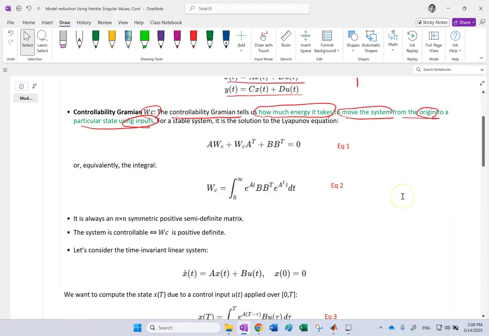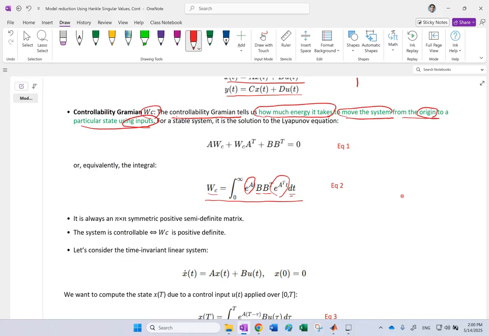Now, first of all, how do we calculate this? That's the first thing. How do we calculate this and how do we interpret this? We can show that the controllability Gramian can come from this integral from 0 to t of the state transition matrix times B B transpose times its transpose, dt.